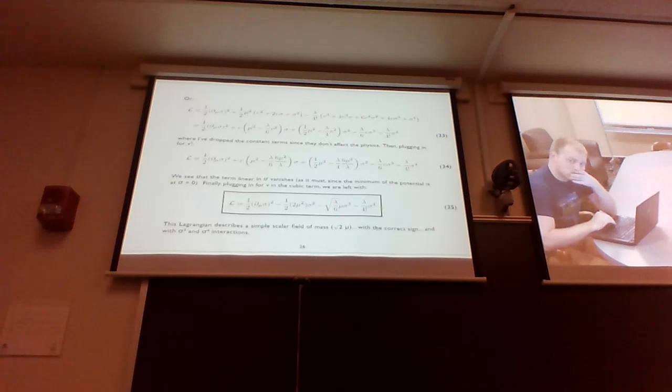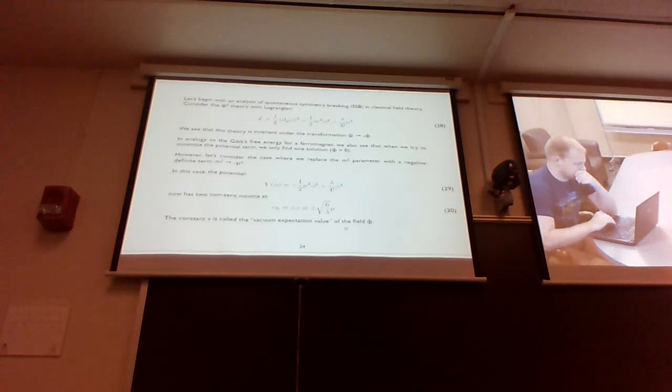Okay, so remember, I started with a Lagrangian. So it would have been this guy, but I'd have a plus mu squared here. From the point of view of a field theorist, that would just look like a 2-point interaction, because it doesn't have the correct sign for a mass term.